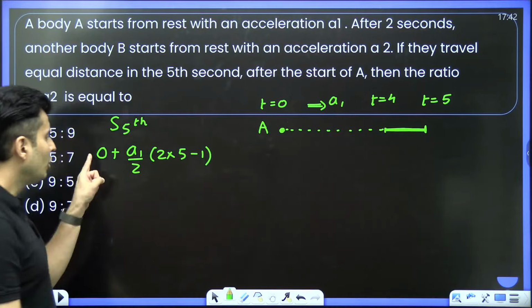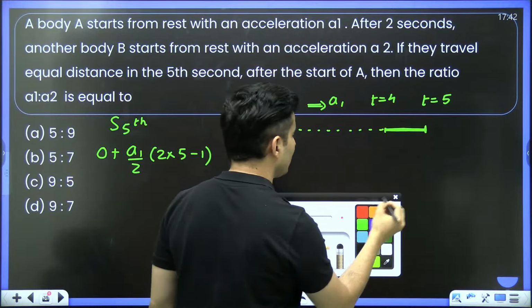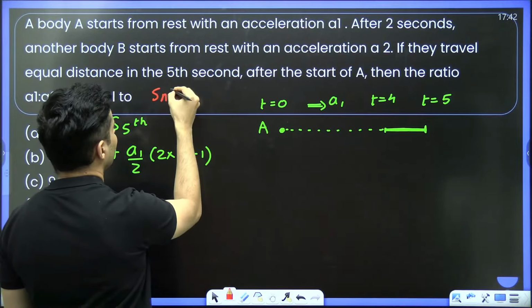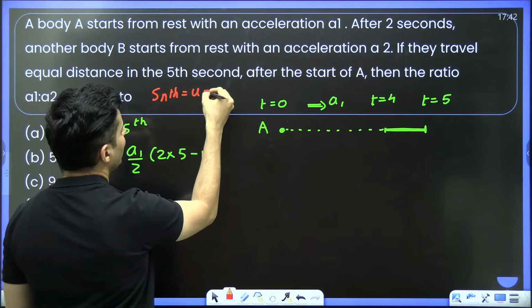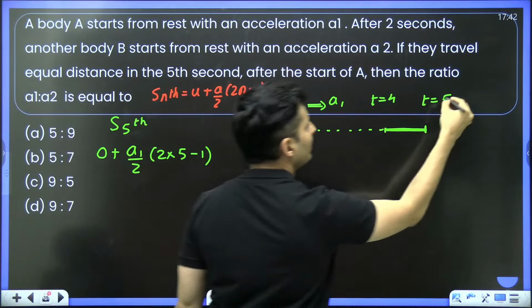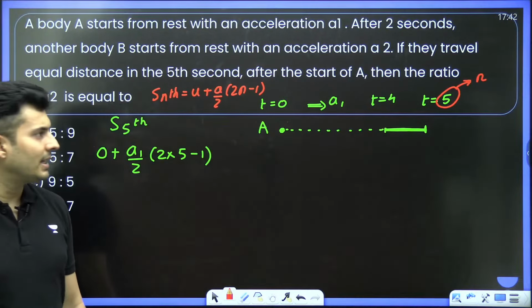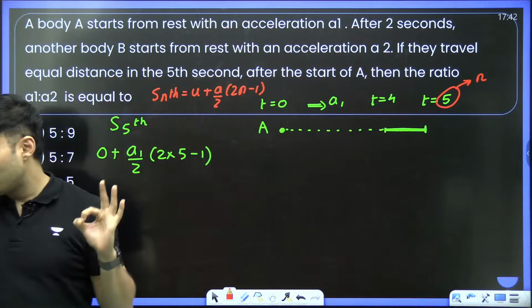Do you remember this formula, my dear students? This is the nth second formula. Displacement in the nth second is u plus a by 2 into 2n minus 1. Here this is particularly your n value. Is that making sense, everyone?